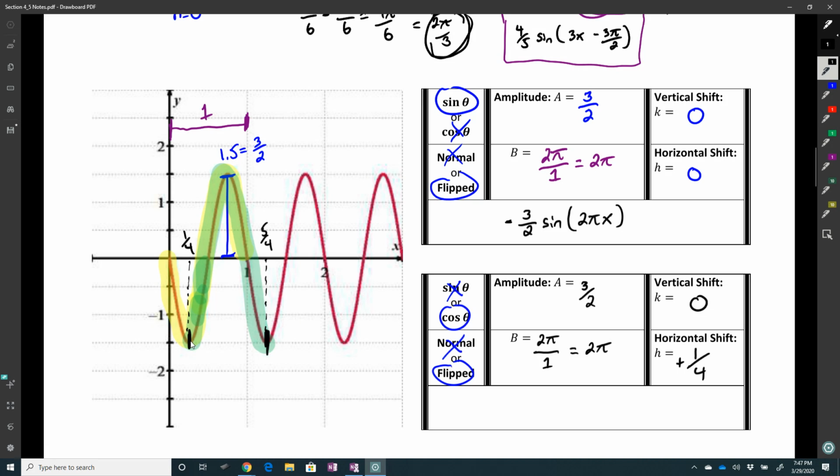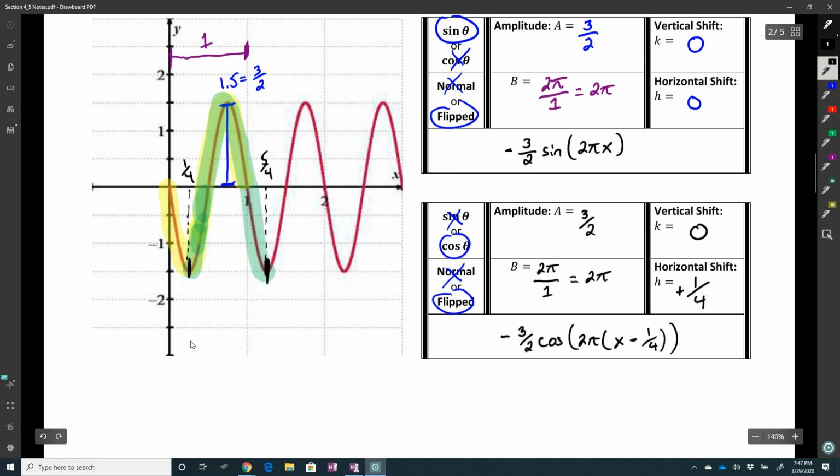And from there, I can create my equation. So I have a flipped cosine. So negative 3/2 cosine, 2 pi. But now there's a shift, so it's x minus 1/4. And if you wanted to, you can distribute that 2 pi. So 2 pi x.